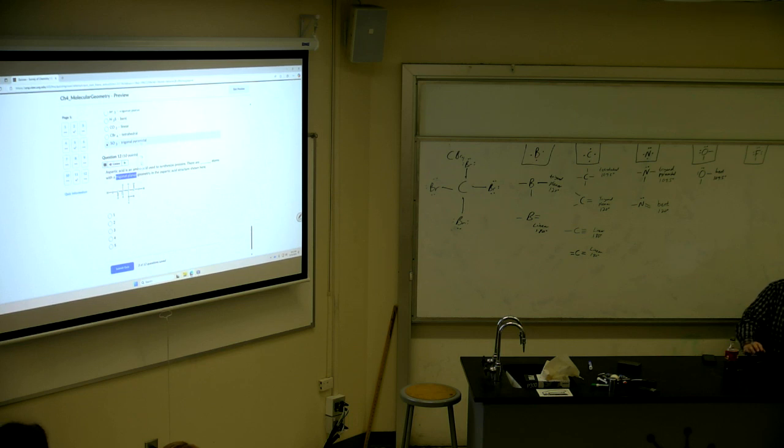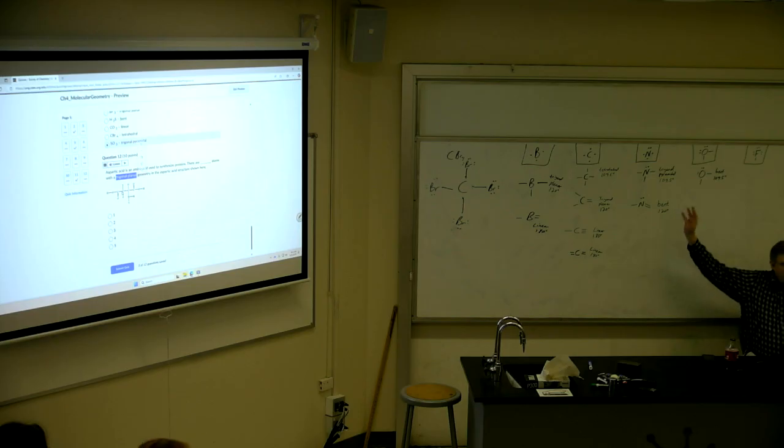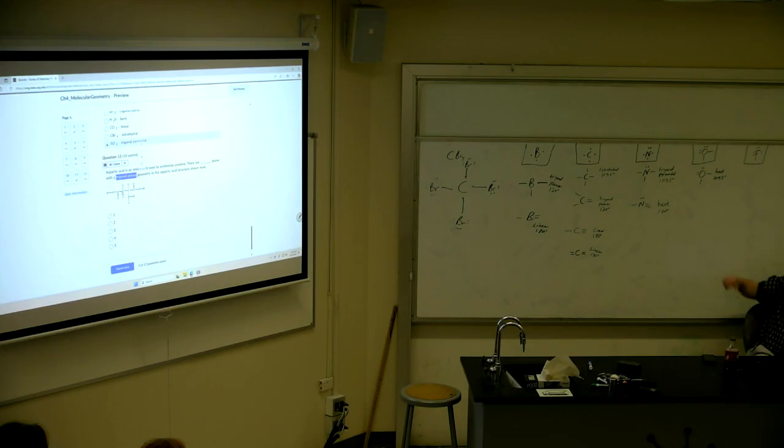That tricks everybody, gets a lot of people. When these are drawn this way, they don't have to be drawn in the correct orientation. These types of diagrams only show you what's connected to what. They're not trying to show you molecular shape. But when oxygen is connected to 2 things, that's what it is. So don't let that fool you.